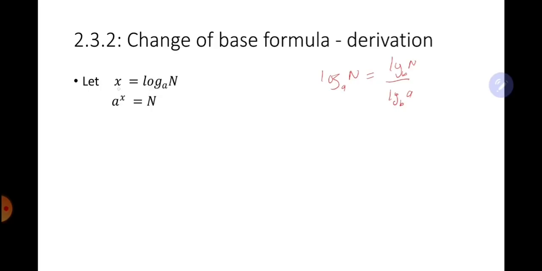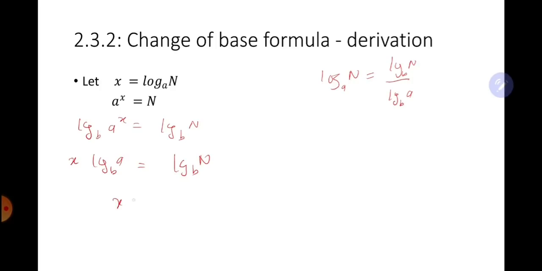Let's say you have x equals log n base a, so your index form will be a power x equals n, right? Now we take log to base b, because you want to change base a to base b, so we take log base b on both sides. We have log base b of a power x equals log n base b. Now this can be rewritten as x log a base b equals log n base b.